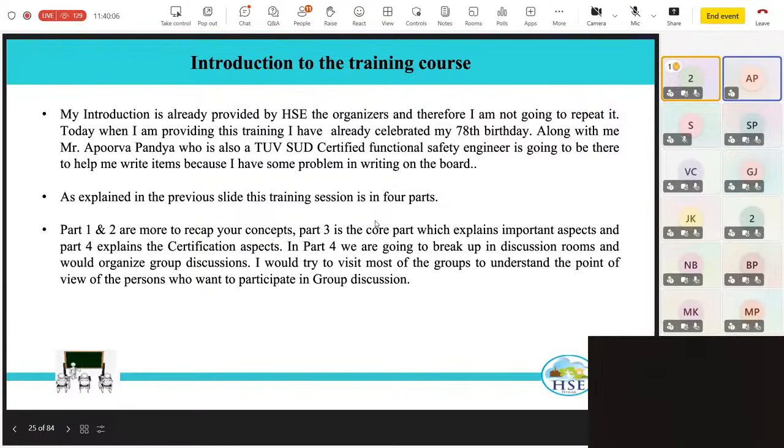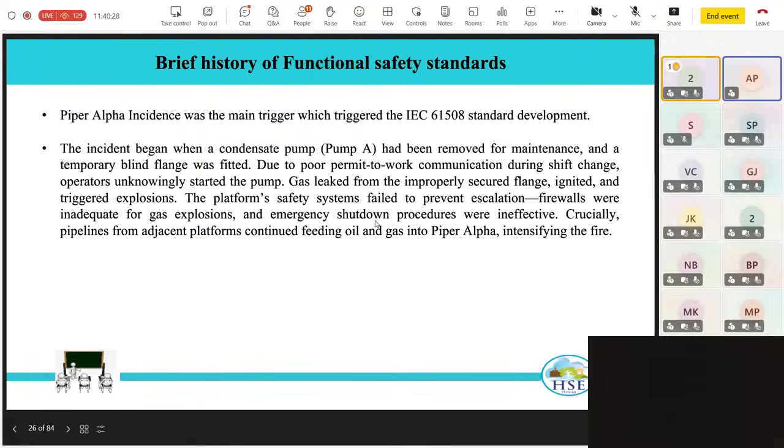Part three is the core part, which explains important aspects, and part four explains the certification aspect. In part four, we were going to break up into breakout rooms, that was the original idea, but now we do not think we'll be able to. We'll see how time permits, but at the moment I do not see that it is workable. Next slide.